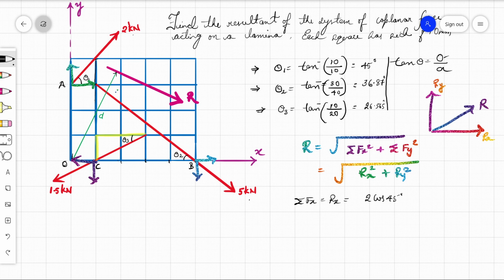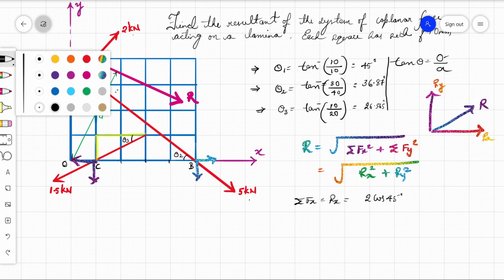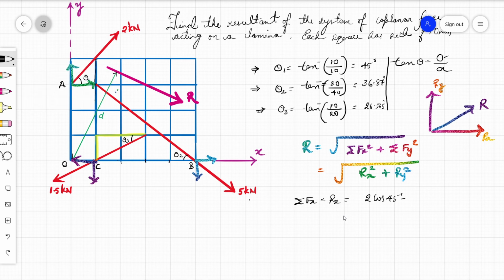So our next step is to take the next force, that is the 5 kilonewton.